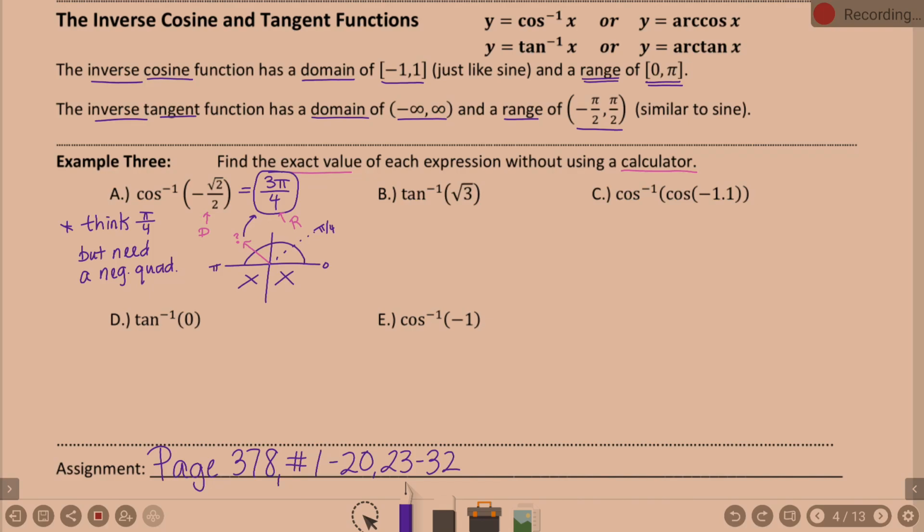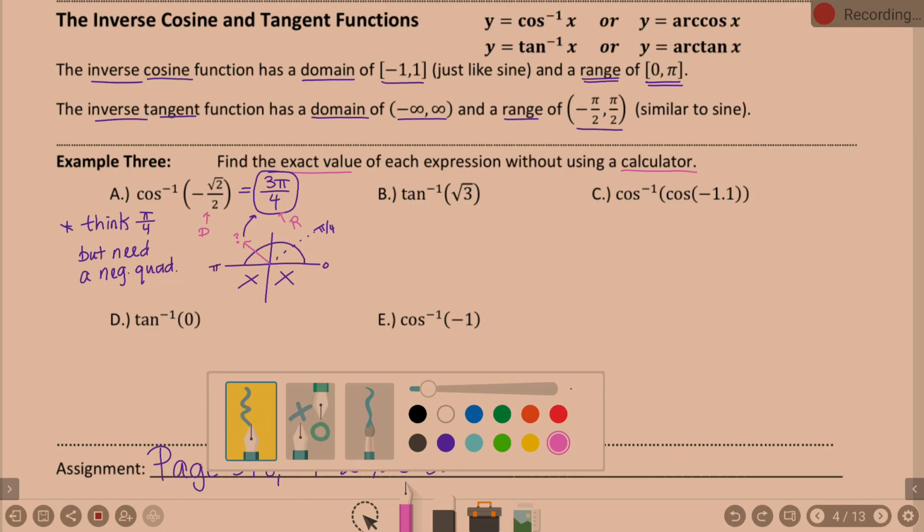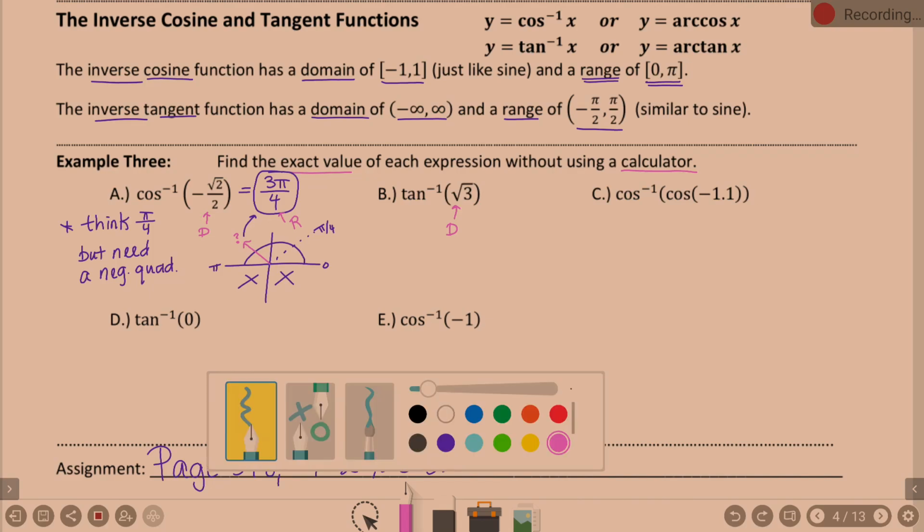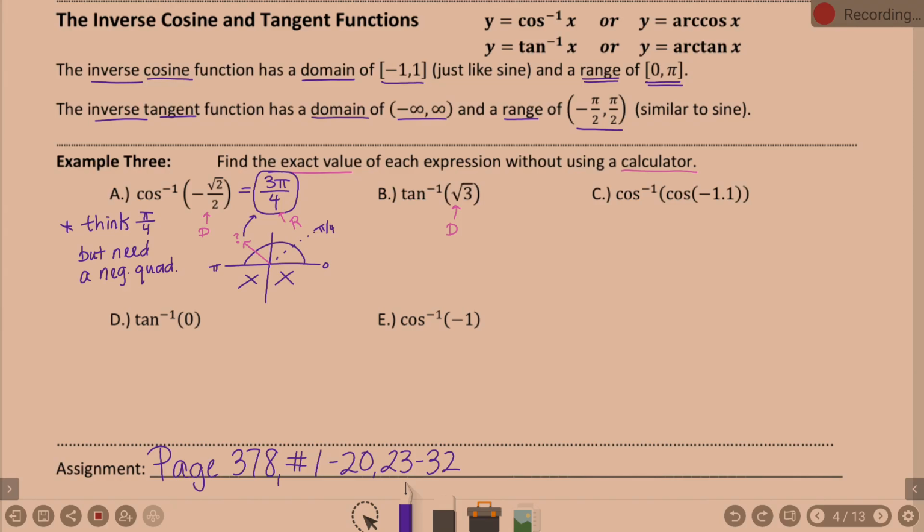Tan inverse of square root of 3. First of all, is that a good domain? Yes, because my domain for tan inverse is all reals. So you're asking yourself, at what angle does tangent equal square root of 3? Pi/3, straight from the chart.